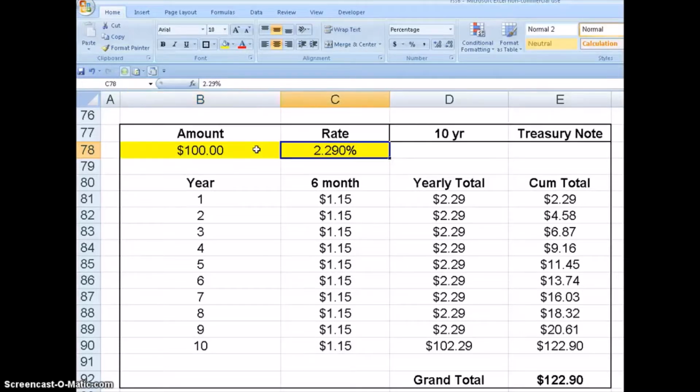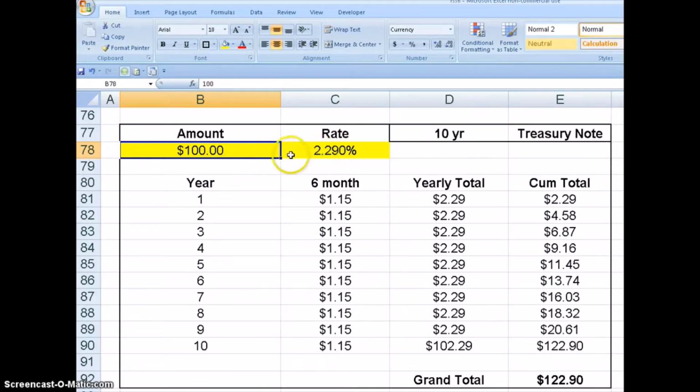So they all come with a rate. I have 2.29. That's the current 10-year Treasury note rate, and this determines how much interest payments you'll be getting. So how these work is that you would give them $100, and then these notes pay you every 6 months.